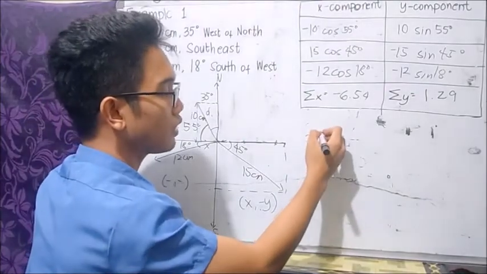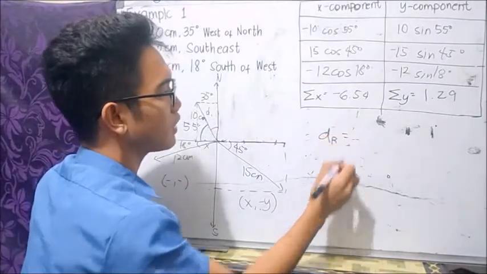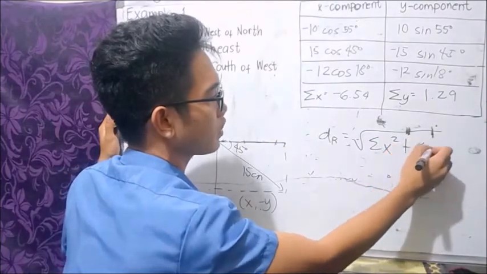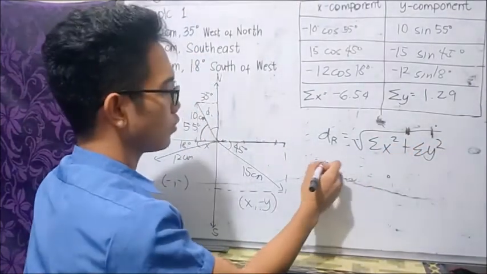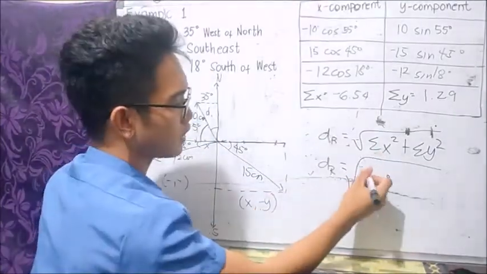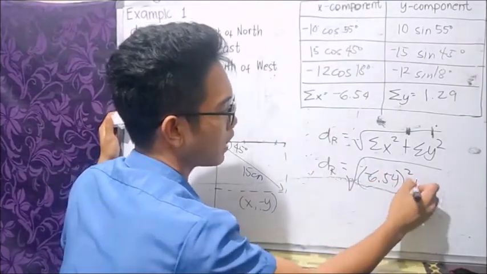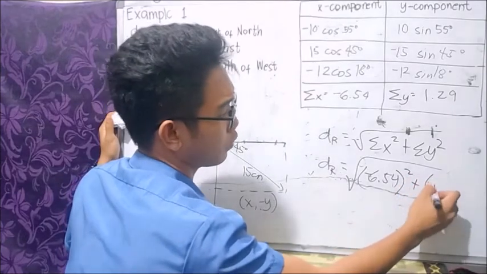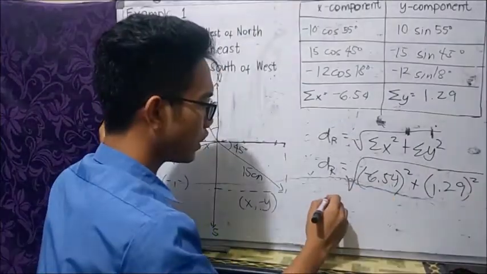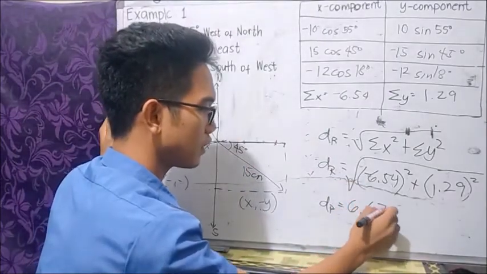According to the Pythagorean theorem, the resultant displacement is equal to the square root of the summation of x squared plus the summation of y squared. So d sub r is equal to the square root of negative 6.54 squared plus 1.29 squared, which is 6.67 centimeters.